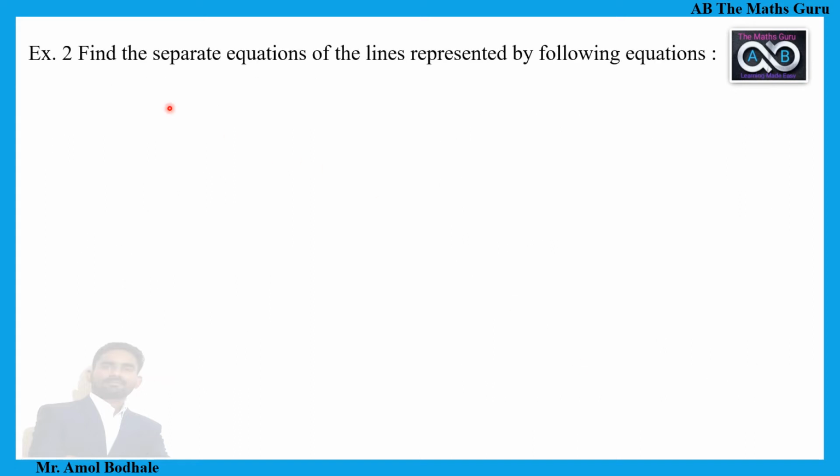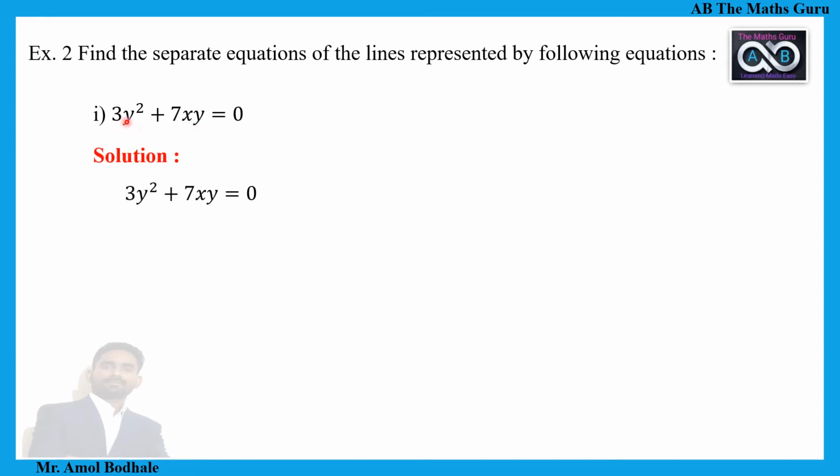Let's see the second example. Find the separate equation of lines represented by the following equation. The first equation, 3y square plus 7xy equal to 0. When the question is to find the separate equations, we have to simply factorize the given equation. So here, what is common between the first two terms?